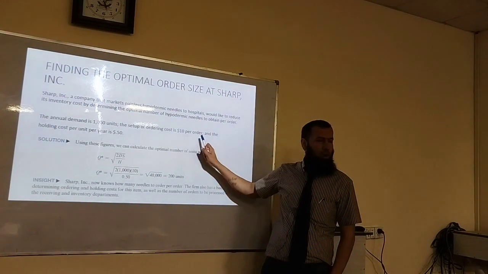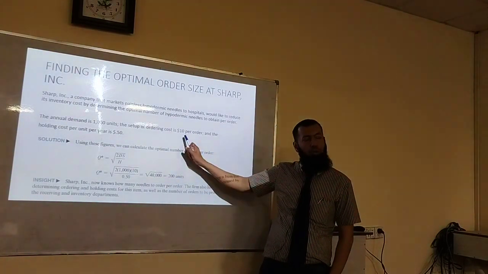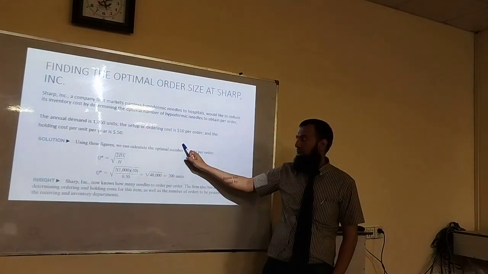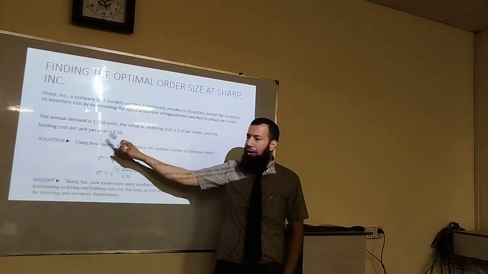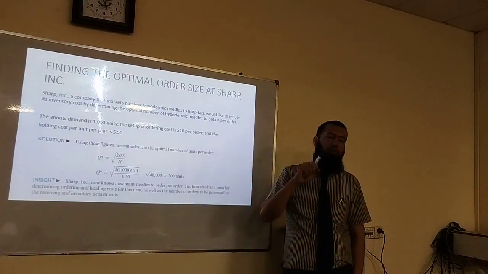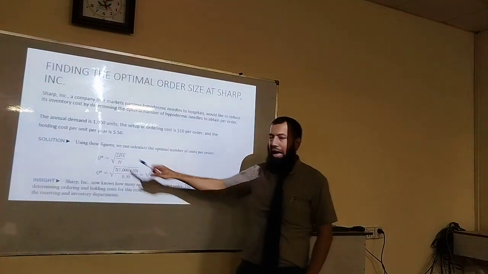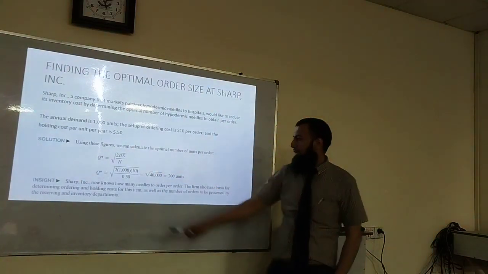I can give you per 2 orders. You have to change it to per order, because in the formula you are supposed to use per order. Holding cost per unit per year. If I give you per unit cost per 6 months, you have to convert it. I can make it complex. So the answer is 200 units.